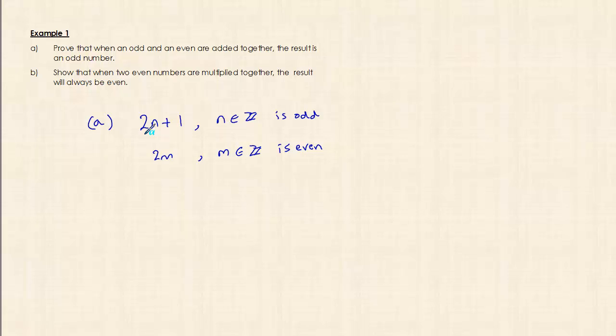We have to use two different letters, n and m, as our odd and even are not necessarily related. If we saw the word consecutive in here, we'd base them on the same letter. Now let's add them. 2n plus 1 plus 2m is 2n plus 2m plus 1, which is 2 times n plus m, plus 1. And that's definitely odd, because this part is even, and then we're adding 1.